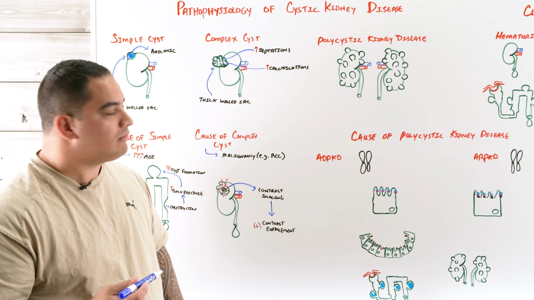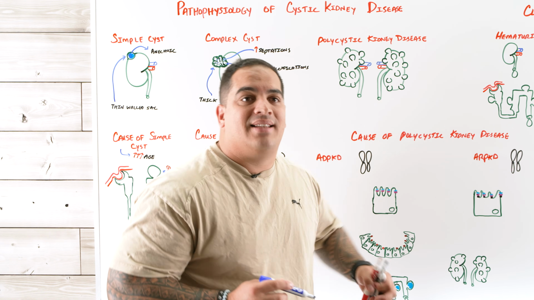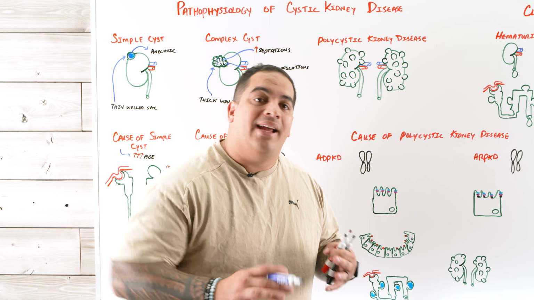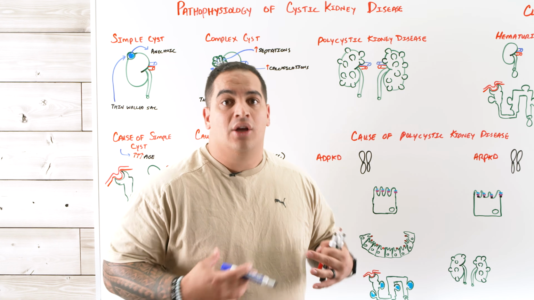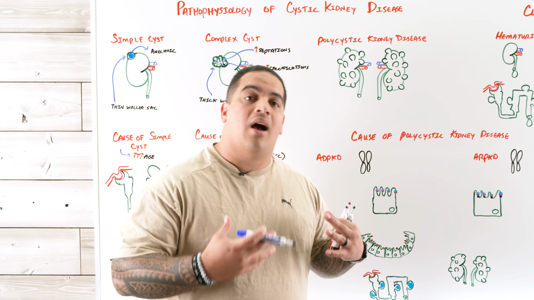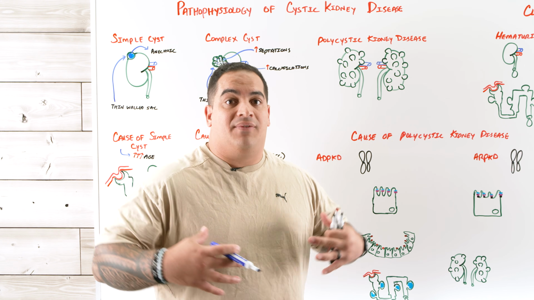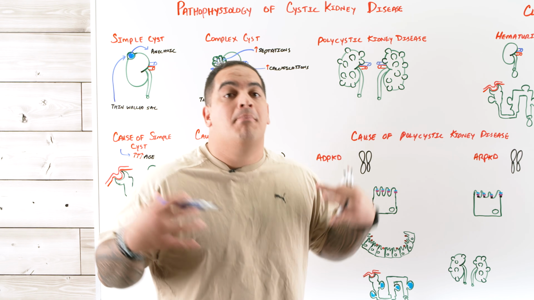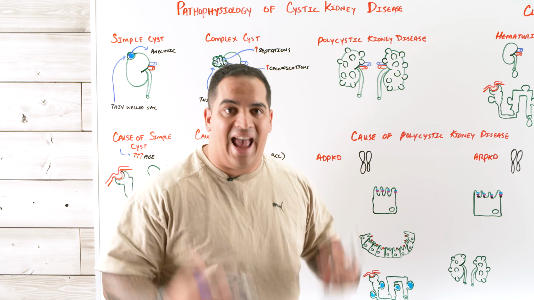All right? Now, the next component here that we have to talk about is polycystic kidney disease. Now, in patients who have cysts, you can have a couple different simple renal cysts. You can have a couple different complex renal cysts. But what we get really concerned about is if you have multiple cysts in both kidneys and they're just everywhere.